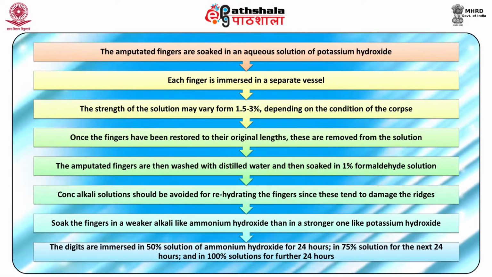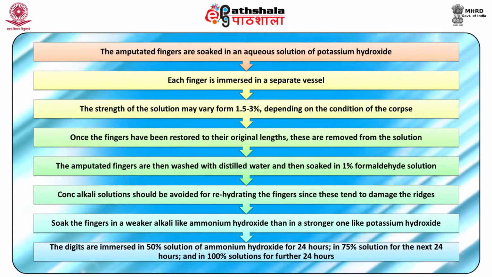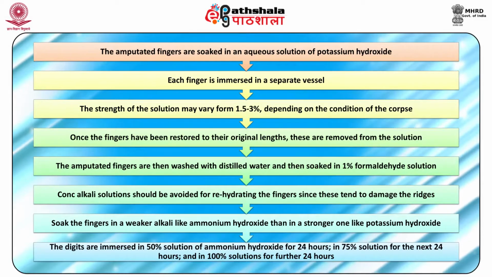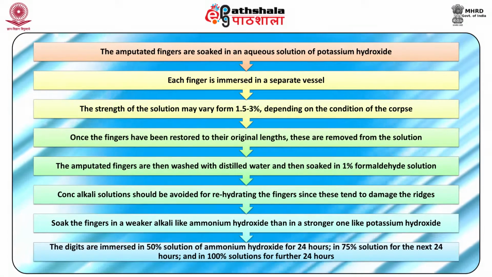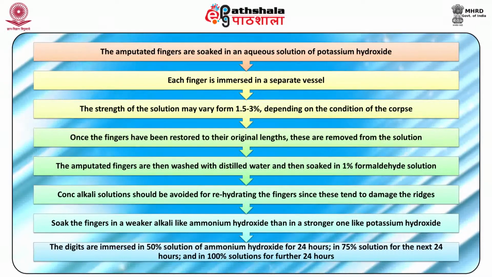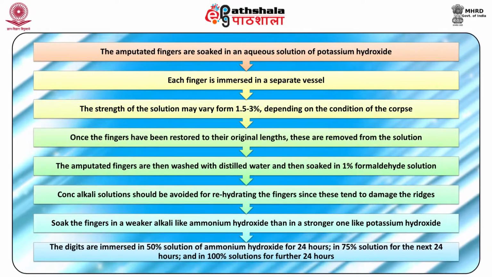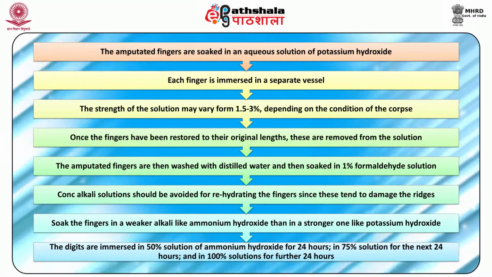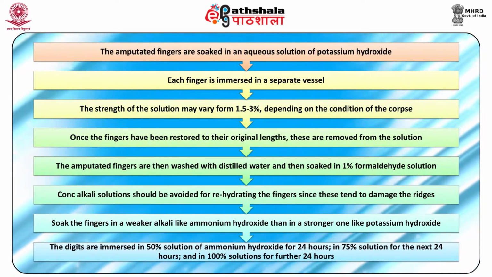The amputated fingers are then washed with distilled water and then soaked in 1% formaldehyde solution. Concentrated alkali solutions should be avoided for rehydrating the fingers since these tend to damage the ridges. Therefore, it is better to soak the fingers in a weaker alkali like ammonium hydroxide than in a stronger one like potassium hydroxide.